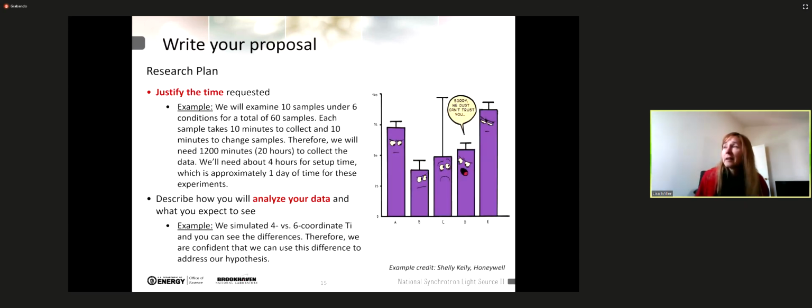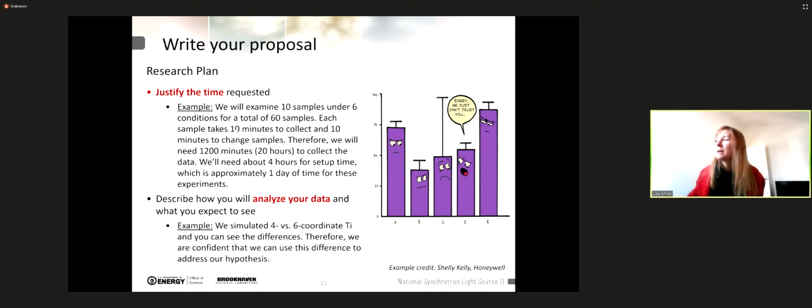In addition, in the research plan, you have to justify that time specifically. So in the previous one, you said you're going to run so many samples with a pH of such and such and titanium phosphorus concentration of such and such. But then there has to be a time calculation in there. So we're going to say, okay, we've got 10 samples with 6 conditions, so that's a total of 60 samples.